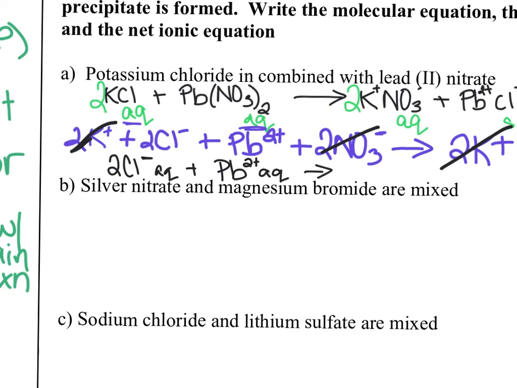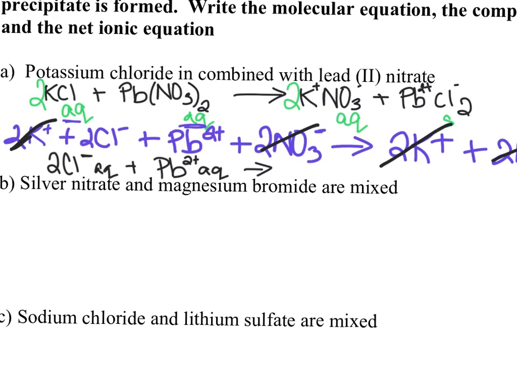It's going to yield PbCl2 solid. And that is actually your net ionic. So if you notice, I am still including charges. I'm still including states of matter, and making sure it's balanced.